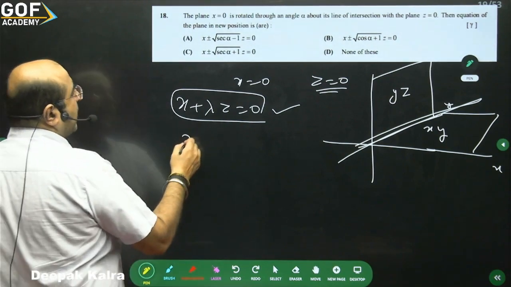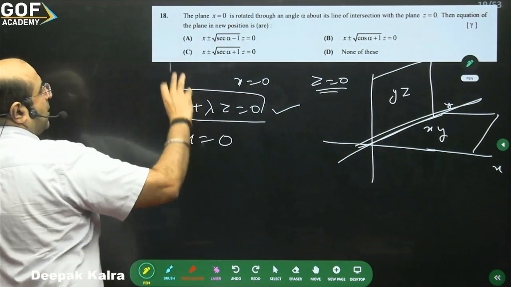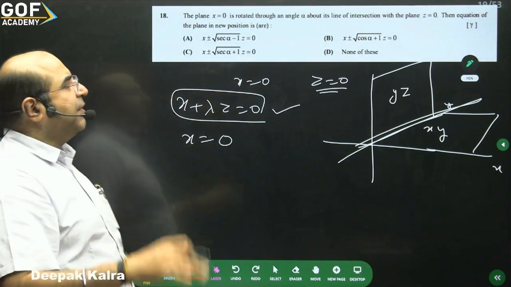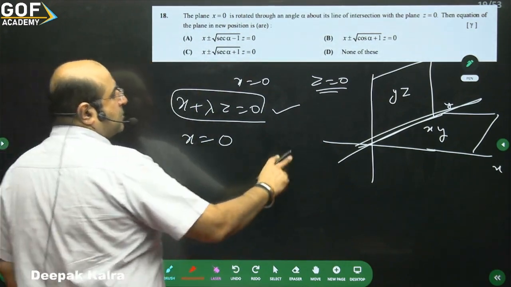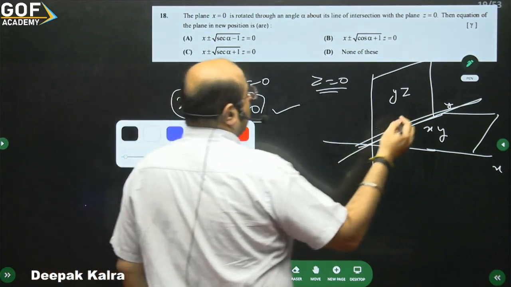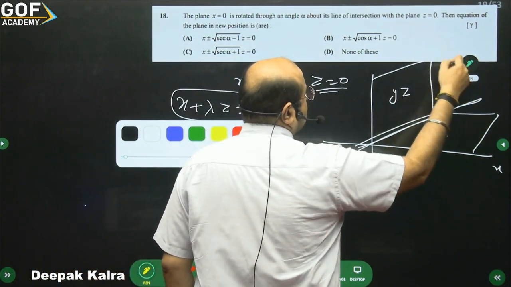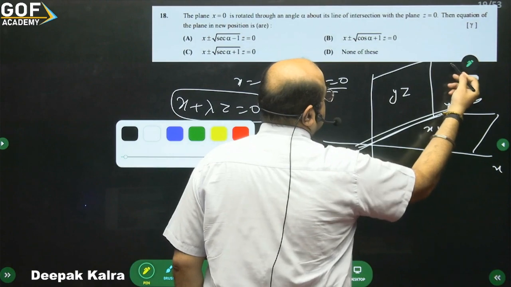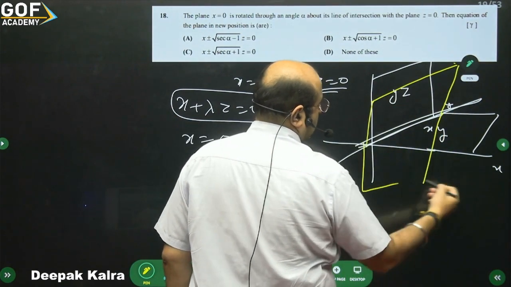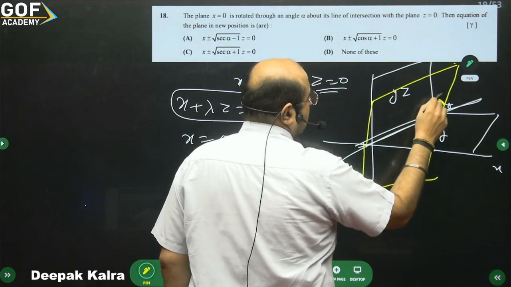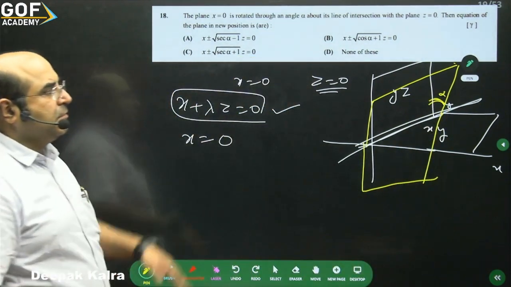Another plane is your x equal to 0 and the angle between them should be alpha, right? So the plane will go like this, which will form the angle between them. This is forming this angle alpha.